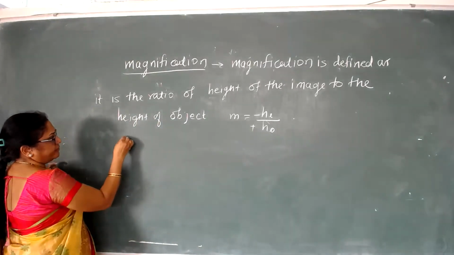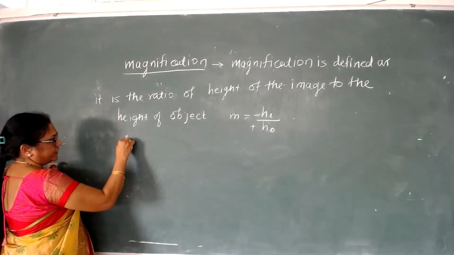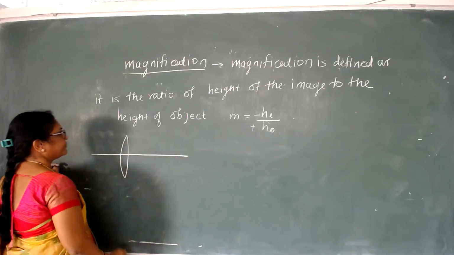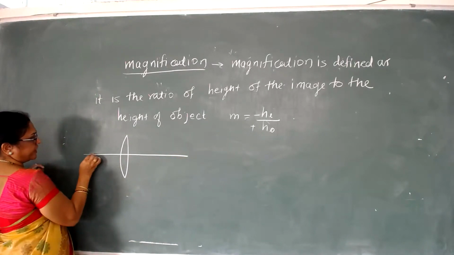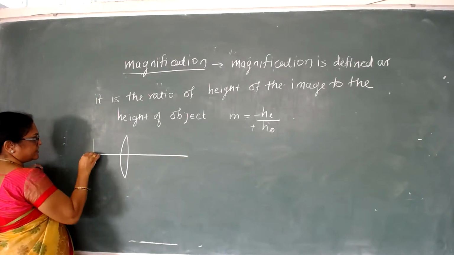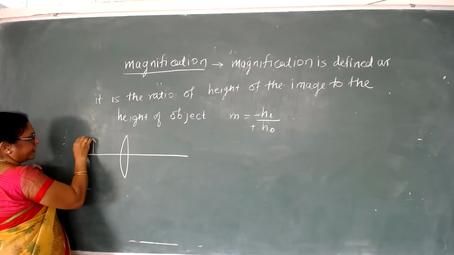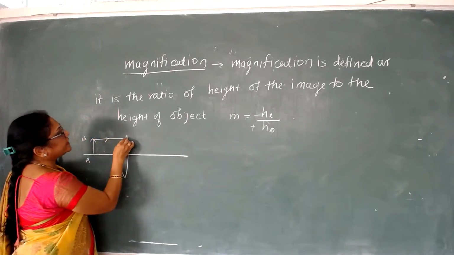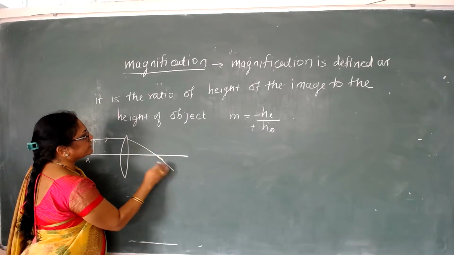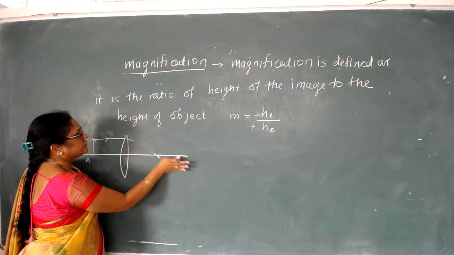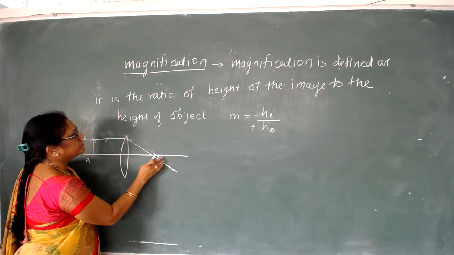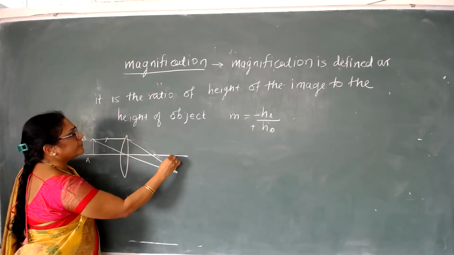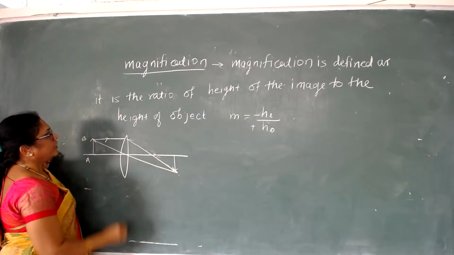If we draw the ray diagram using a convex lens, with AB as the extended object, a ray of light is incident and converges, and another ray of light propagates through the optic center.